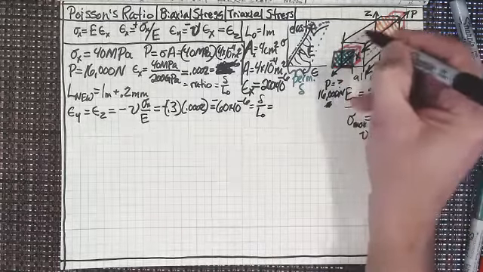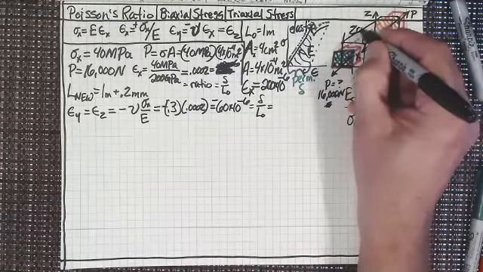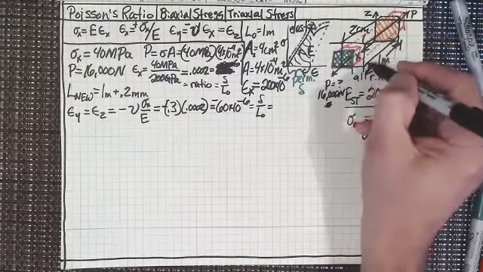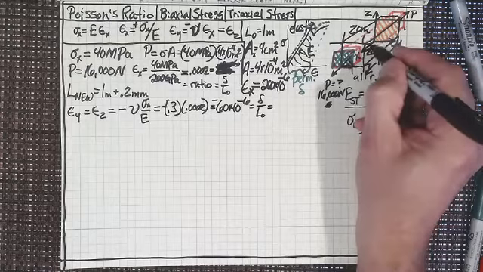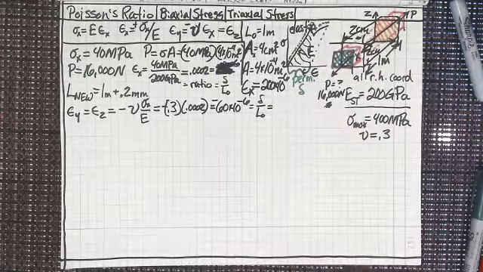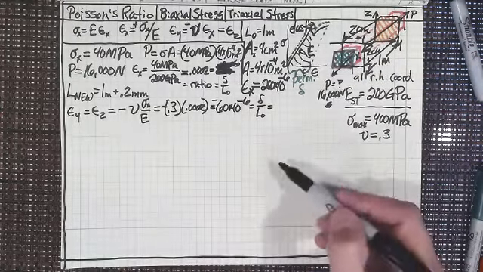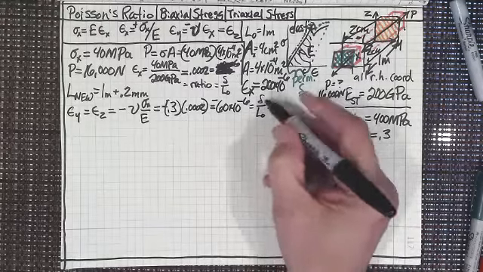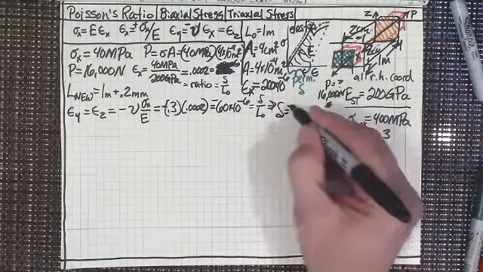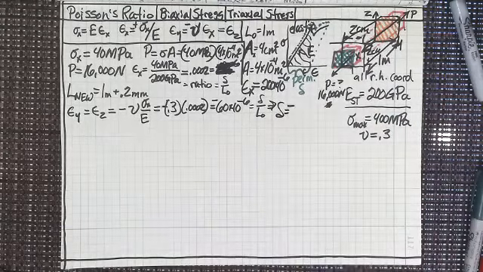I know that this was 2 centimeters, and so was this side here because it's a square, so this is also 2 centimeters. If they're shrinking in, the deformation is going to be a minus, and I'm just going to multiply it by the 2 centimeters.